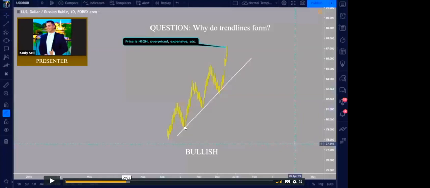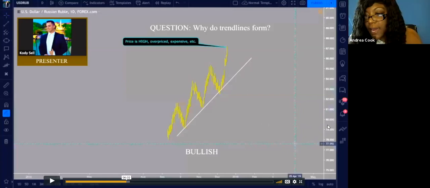Price is here at about, it's not quite at 80 here. As it made the higher high, it had to come back down, so it's going to make a higher low than the one it did previously. Price is at like 81. Yep, I understand.